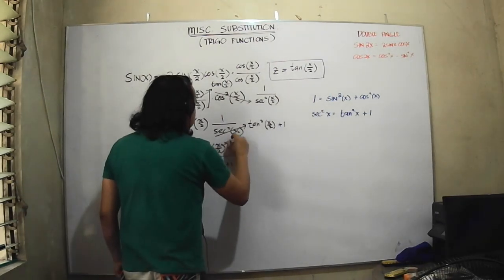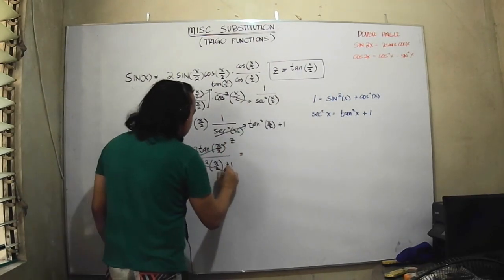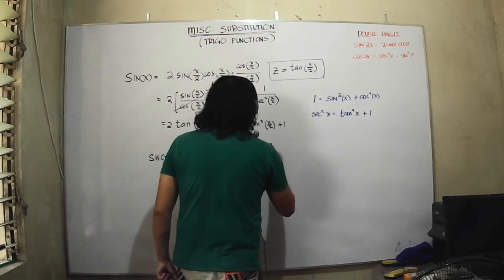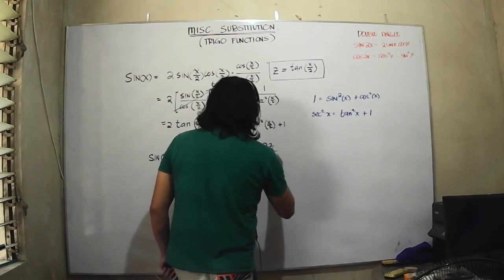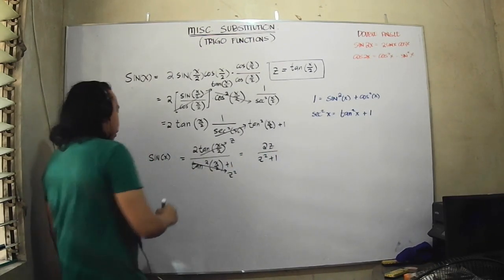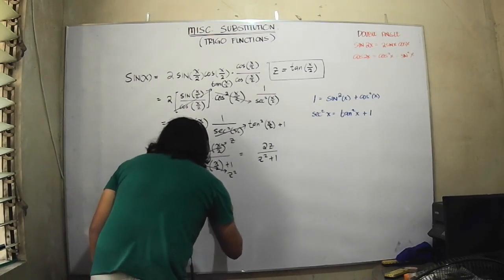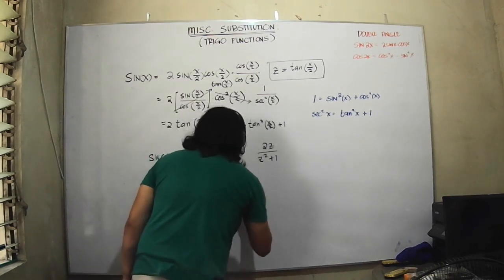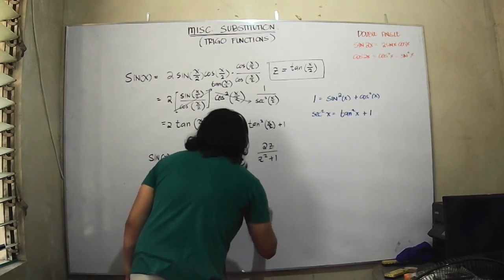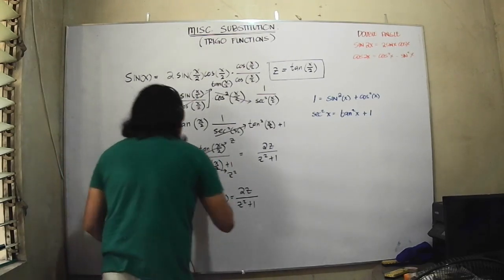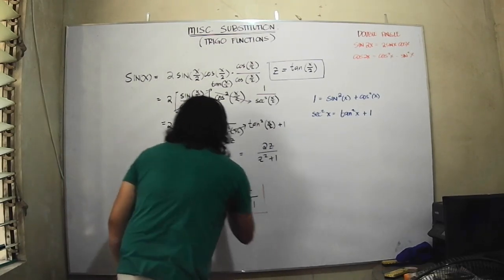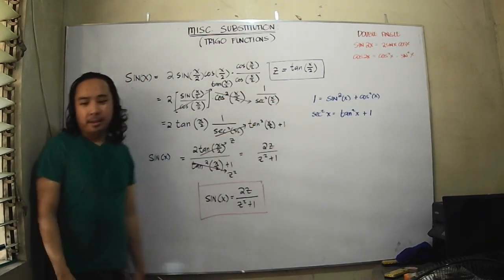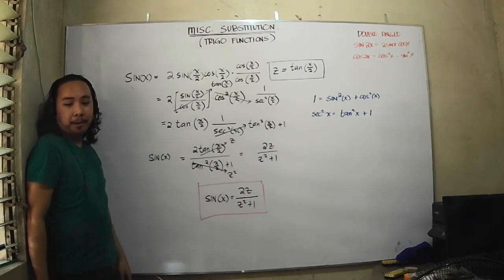Tangent x over 2 becomes z, and tangent squared becomes z squared. So this becomes 2z divided by z squared plus 1. Now I have the form of sine x in terms of z: 2z over z squared plus 1, in which z is defined to be tangent x over 2.